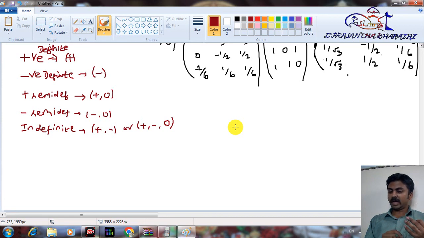If we have both positive and negative eigenvalues, they are called indefinite.